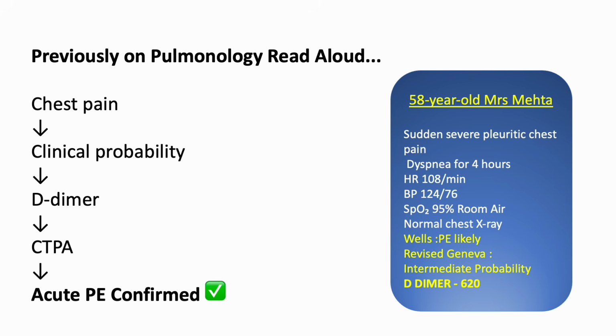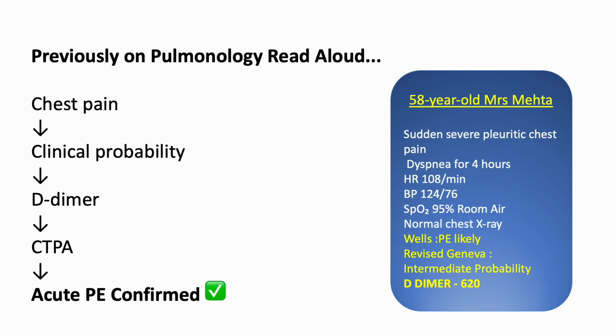We saw how, when we are approaching any patient with chest pain who has a high or an intermediate probability of pulmonary embolism, a test like D-dimer has to be added to the clinical severity score to rule in or rule out a pulmonary thromboembolism by means of utilization of imaging in the right case.